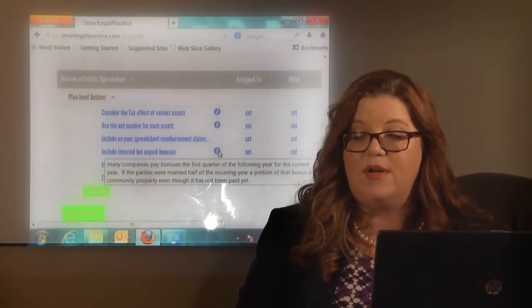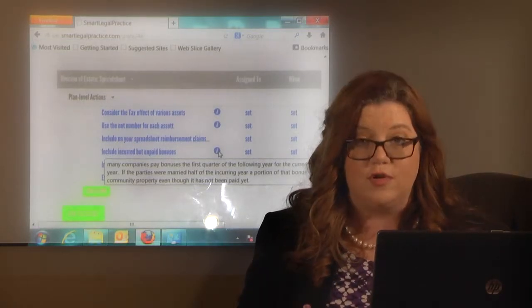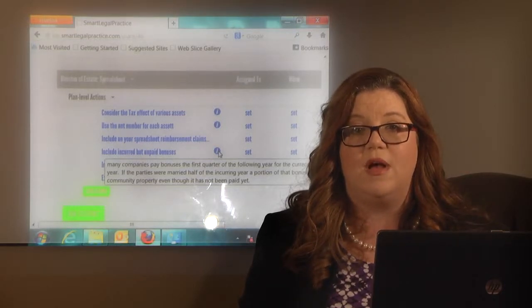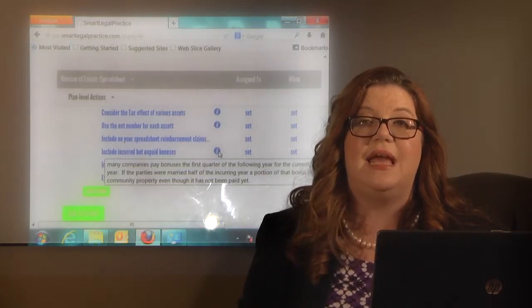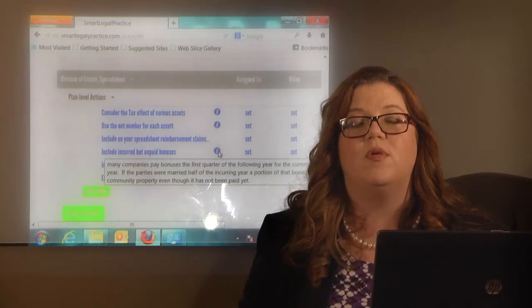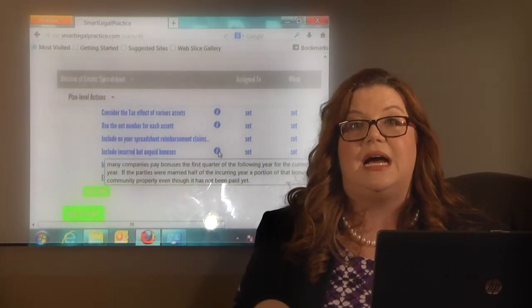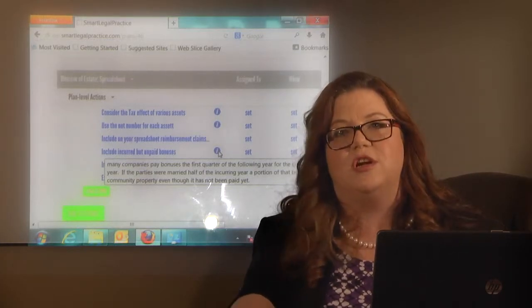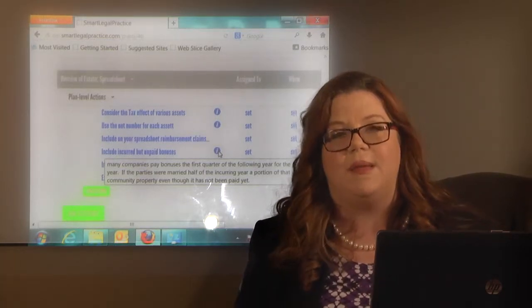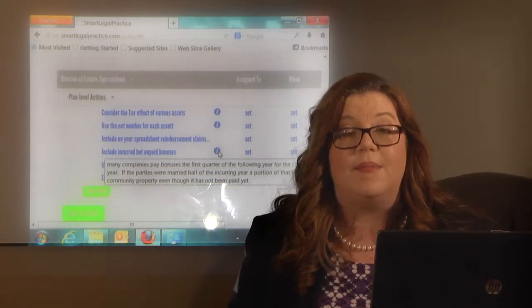Well, one of the parties may have a bonus they've earned during the marriage all through 2012, but it just hasn't been paid yet because it's going to be paid in March or April after the first quarter, where the company's had time to assess how they did last year, did you meet your goals, and now they're going to get that money, but it hasn't been paid.